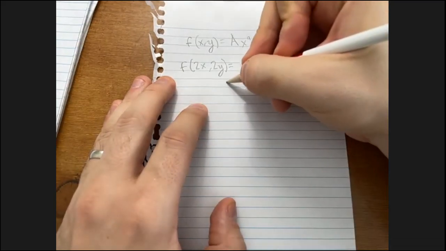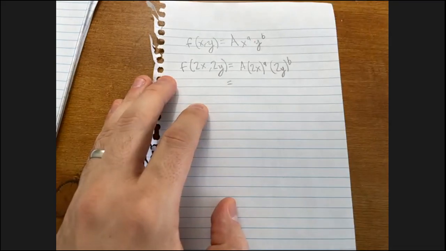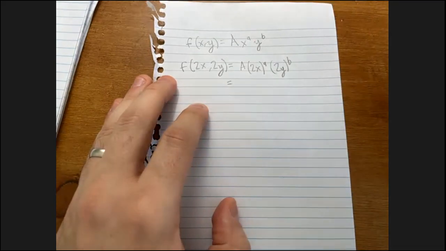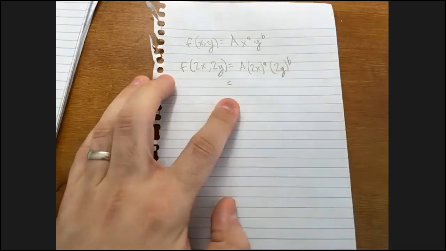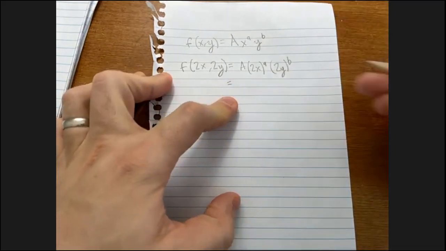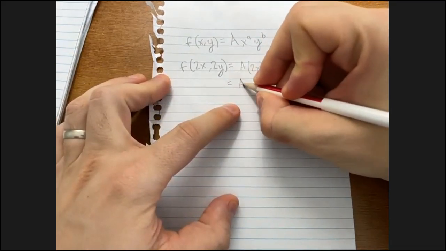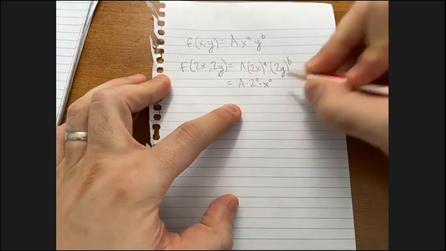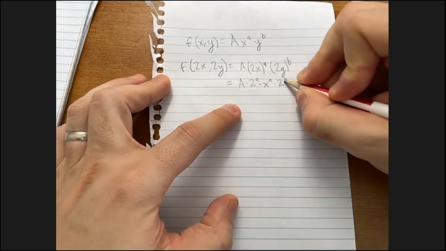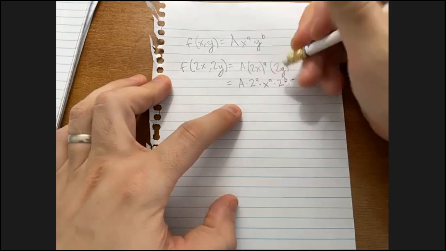Can we simplify that at all, so that it looks more similar to the top? Let's do that. Remember your rules of exponents will tell you that you can take this and say A times 2 to the a times x to the a times 2 to the b times y to the b.